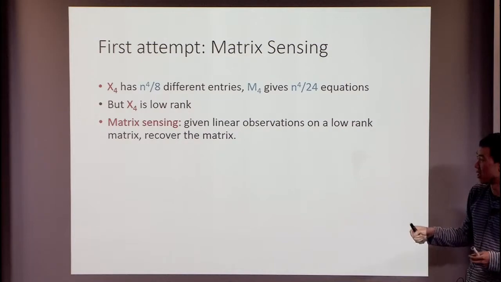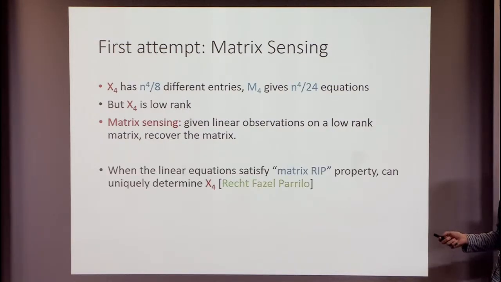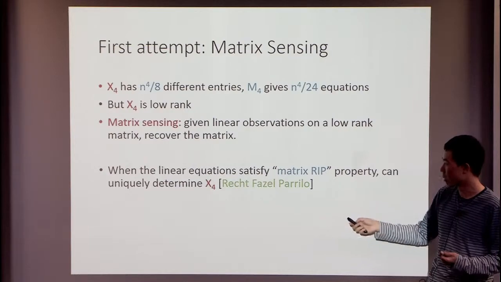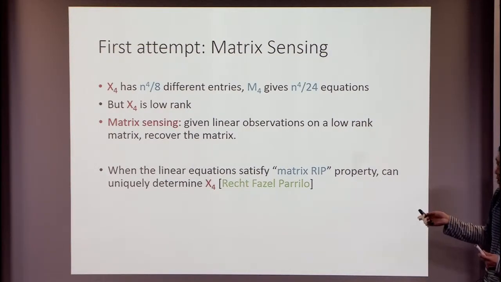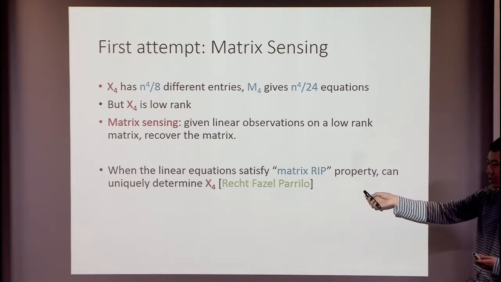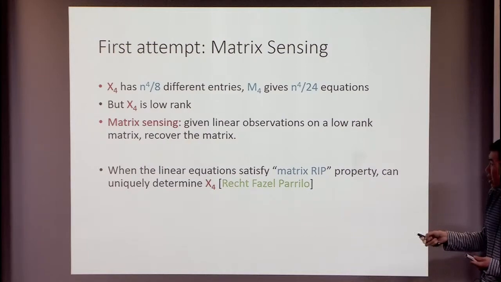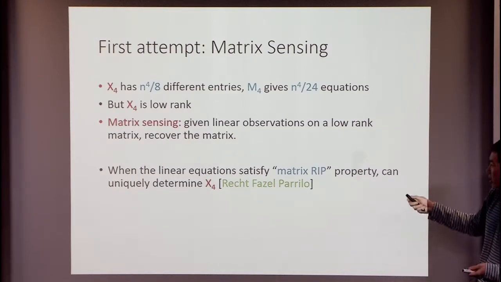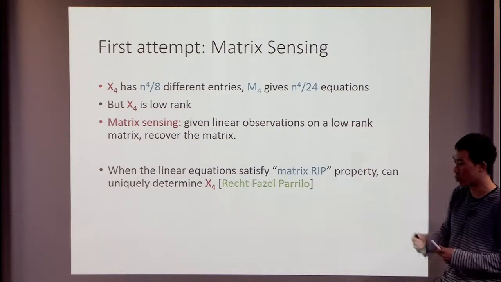This is called the matrix sensing problem. It's a well-studied problem, and there are many nice results, for example this result of Ben Recht, Fazel, and Parrilo. They show that when the linear equations satisfy the matrix RIP property, then we can uniquely determine this low-rank matrix X4 given this observation M4.